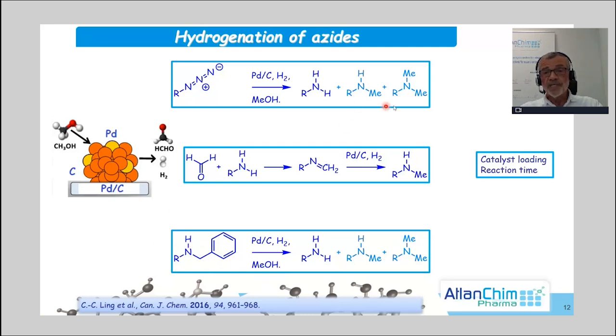This compound here probably results from the formation of formaldehyde on the catalyst surface from methanol by dehydrogenation. Reaction of formaldehyde with amines, after hydrogenation of the azides in this case, will then give the imines which undergo further hydrogenation to yield the N-methylated derivatives.